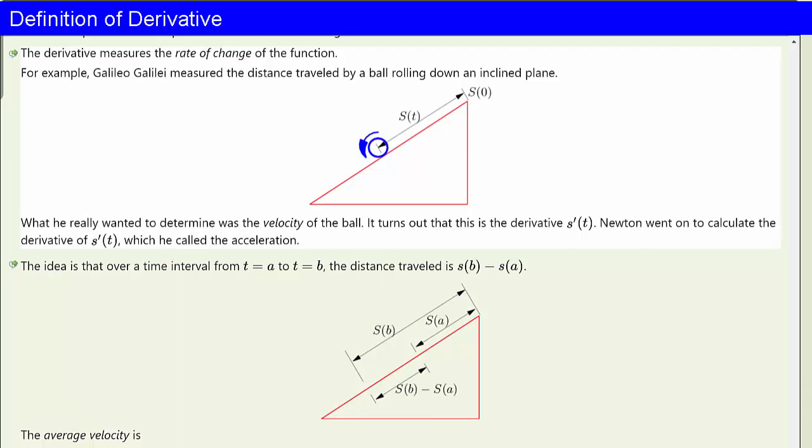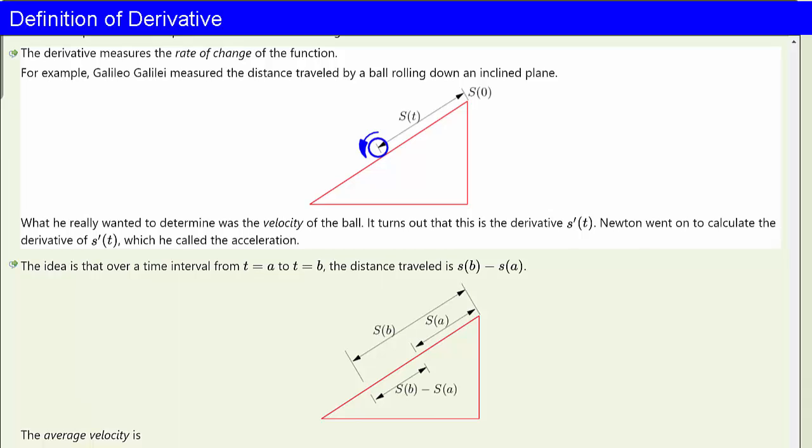For example, Galileo Galilei measured the distance traveled by a ball rolling down an inclined plane. You can describe this distance by the function s of t, a function of time. Galileo's experiments determined s of t reasonably accurately.